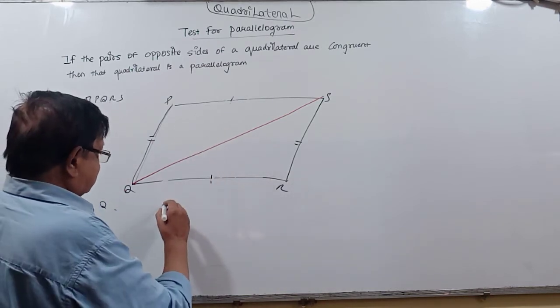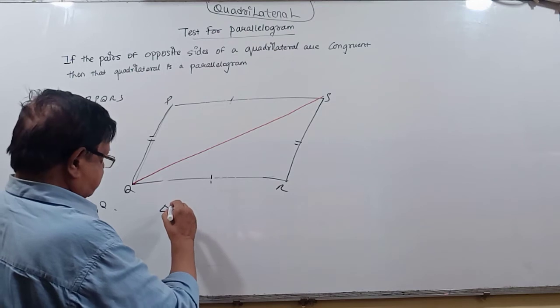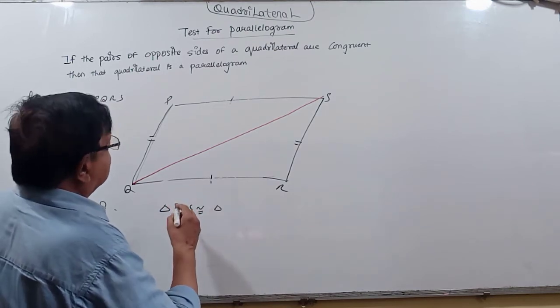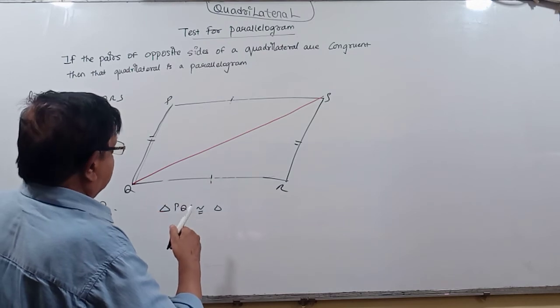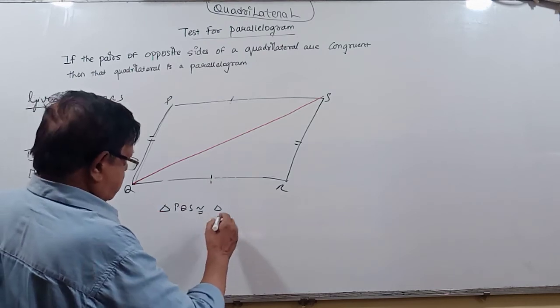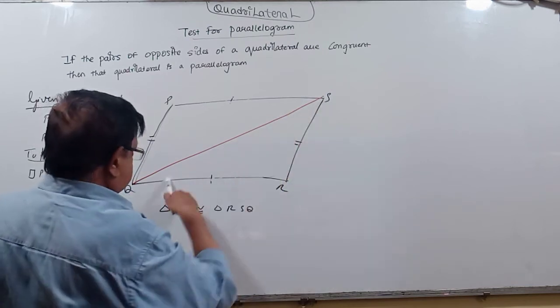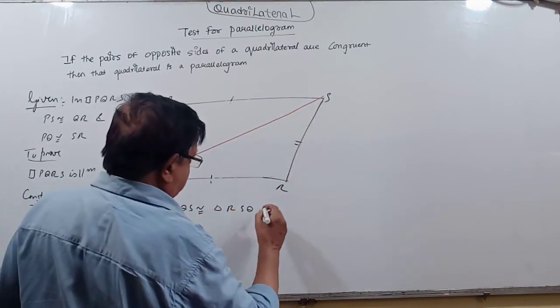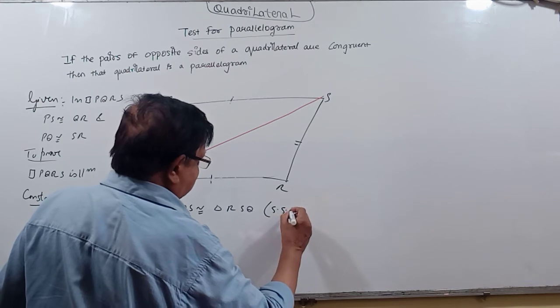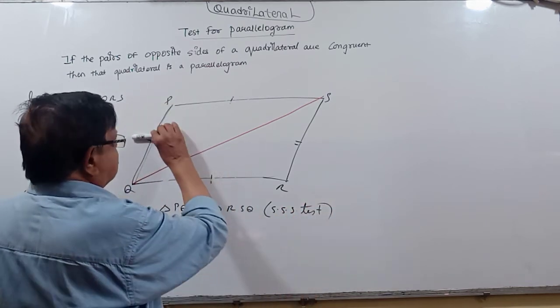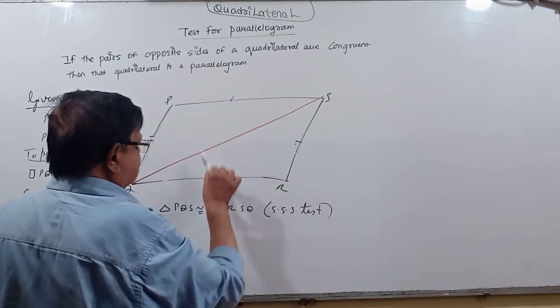So, triangle PQS is congruent to triangle RSQ by SSS test. Anyone can see that this is congruent to this and this is congruent to this and this is common.